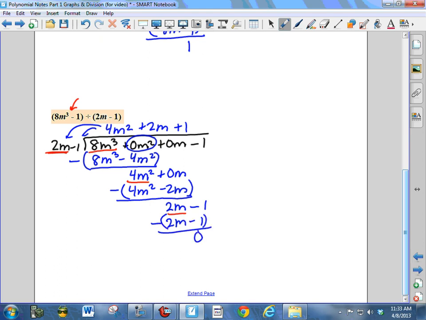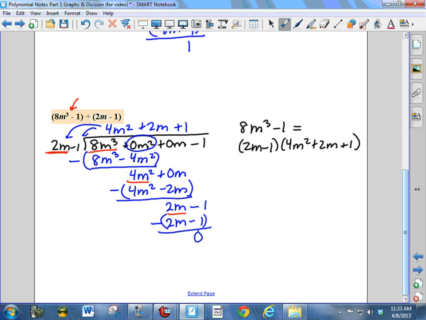So for the first time, I can say that 2m minus 1 is a factor of 8m cubed minus 1. So I can say 8m cubed minus 1 is equal to, and I've got an actual factorization now, 2m minus 1 times 4m squared plus 2m plus 1.